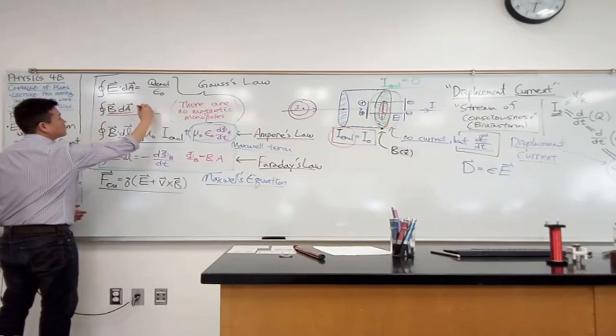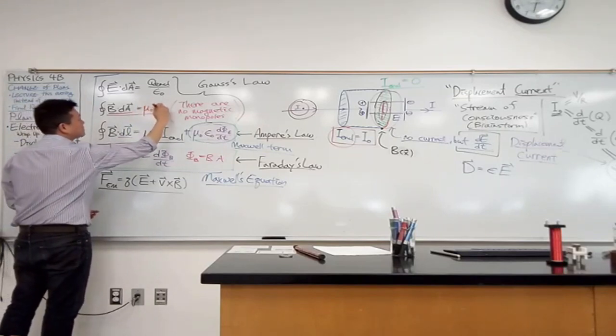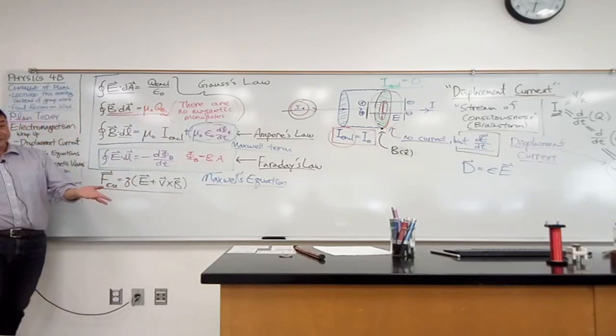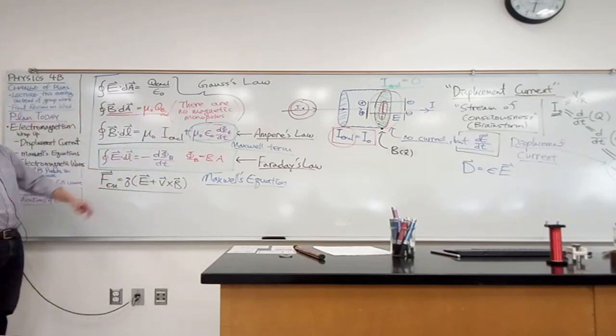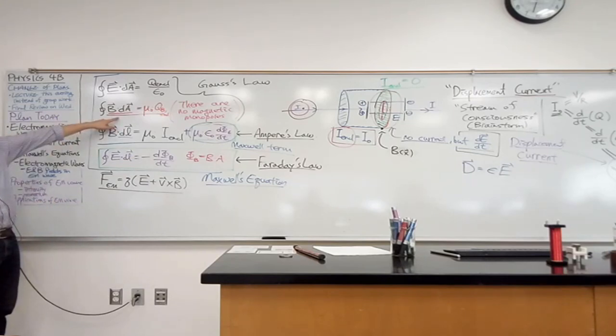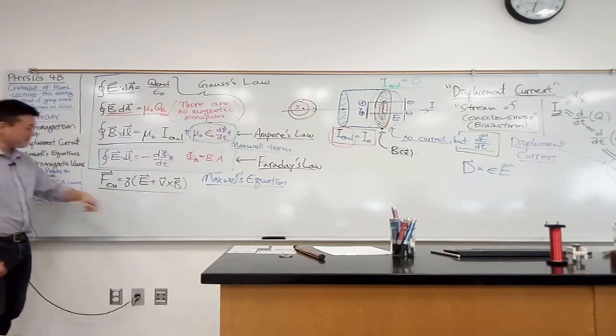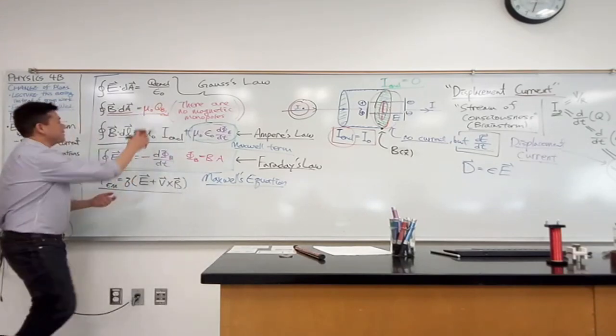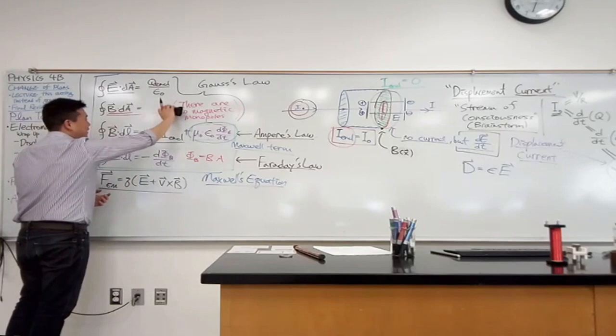Like this would be something like a mu naught times magnetic charge enclosed, right? And here it would look something like, I have to get the units right. Let's see. I don't think I got this unit right either. Okay, let me stop here. I try this every semester and I haven't worked out the units ahead of time.